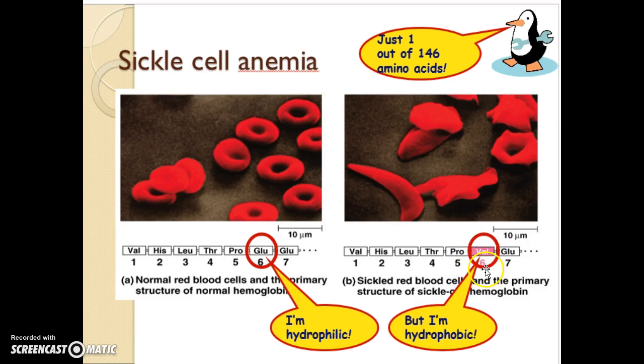So you can see here valine and glutamic acid, one being hydrophilic, one hydrophobic. So the abnormal hemoglobin actually crystallizes and deforms the red blood cells into that sickle shape, and they end up clogging capillaries and causing the blood not to be able to carry oxygen.